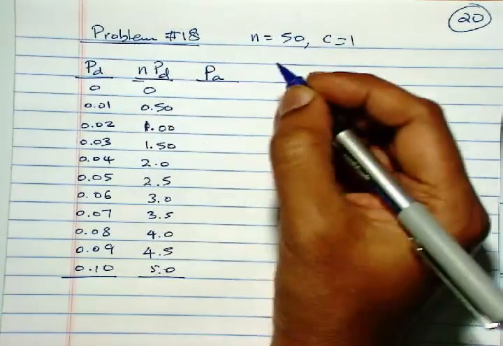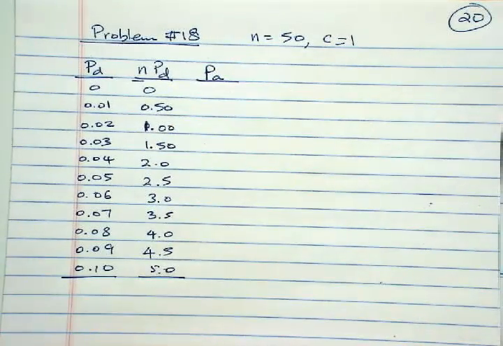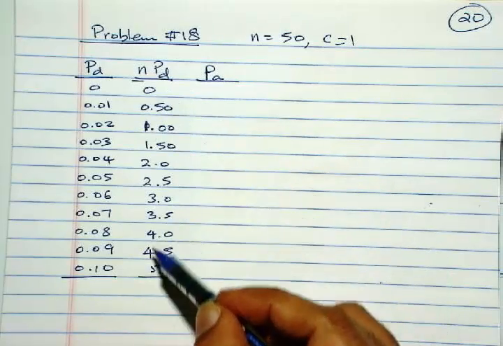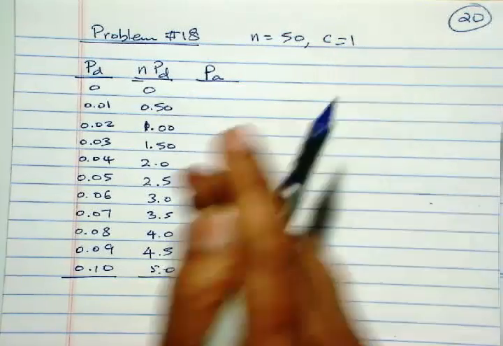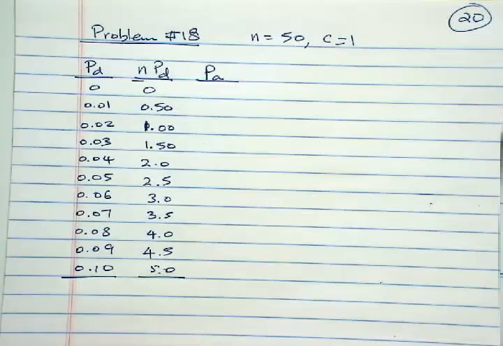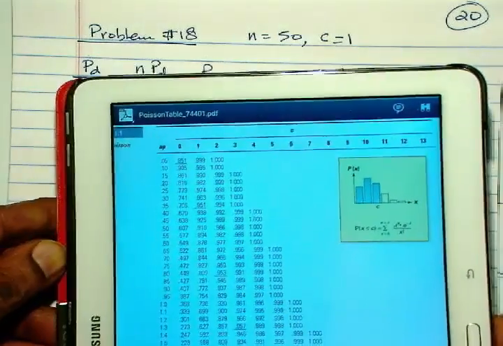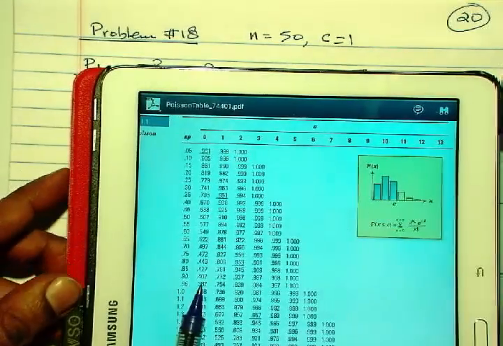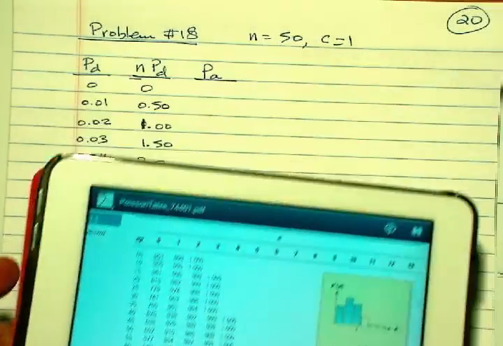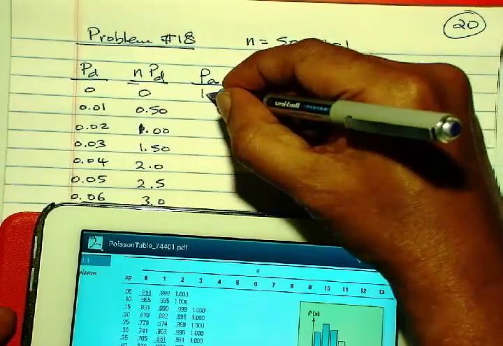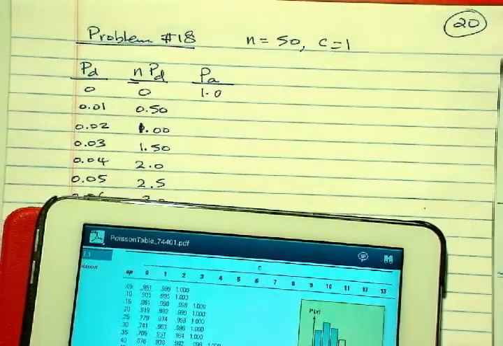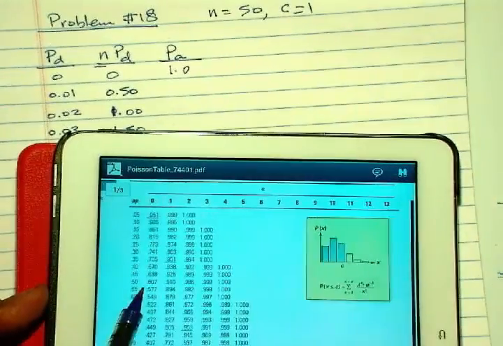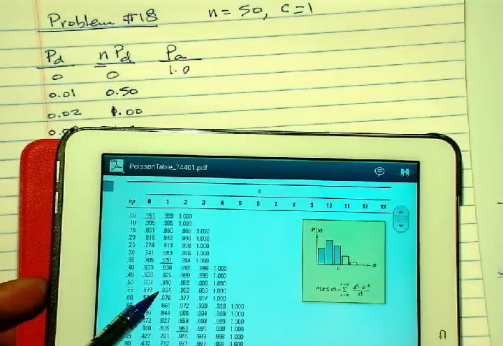And the probability of acceptance, we have to go to the Poisson table, and for these n times P sub d values we have to look under c equal to 1, and I have the Poisson table right here. So first we start with 0. That would always be 1.0, and then for 0.5 you see 0.91.